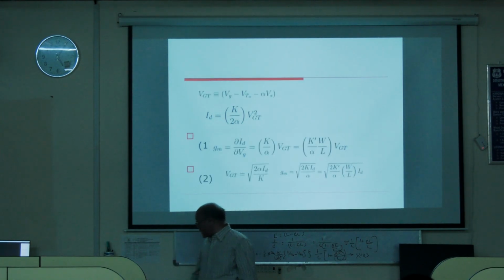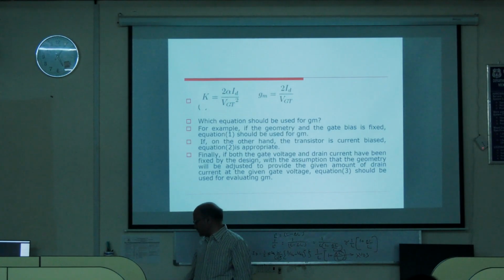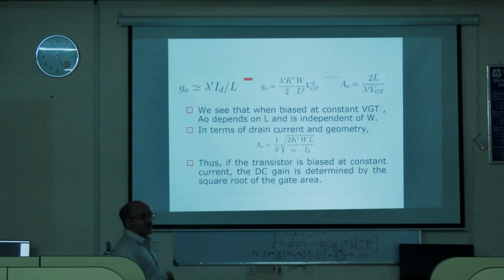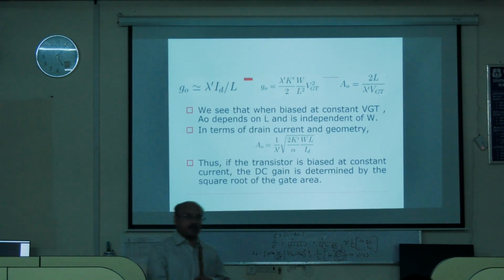We always see that gm can be expressed in three different ways: as current based, voltage based, and technology based. If you are interested in evaluating the gain in all three modes, you should know what gm is in all three modes, and also what r0 is in all three modes.